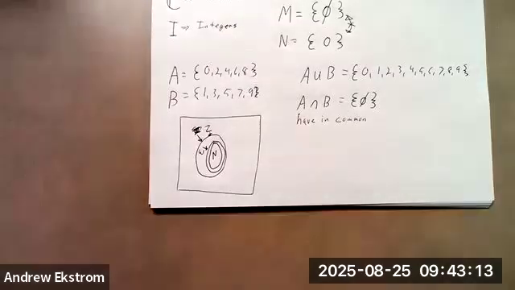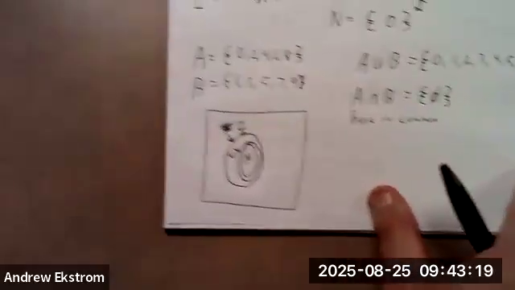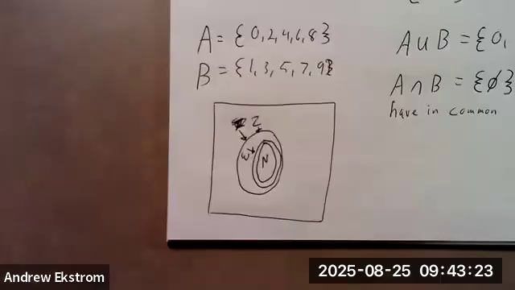And is that a little bit better? Yeah. Thank you. So, sorry about that. And then N, because it has the least number of elements compared to everything else, is going to be the smallest circle that's in there.